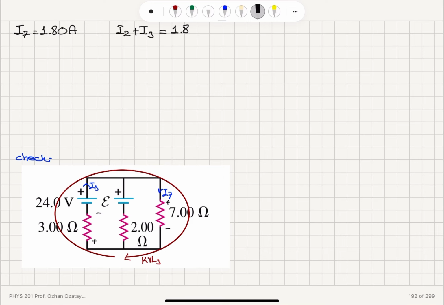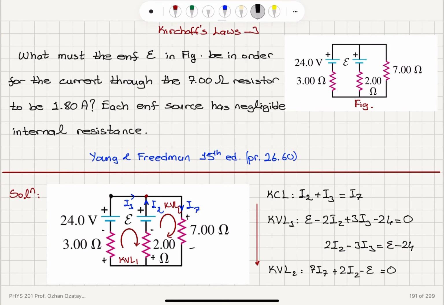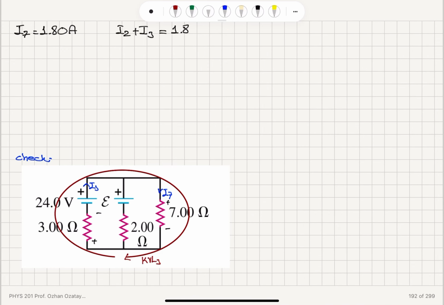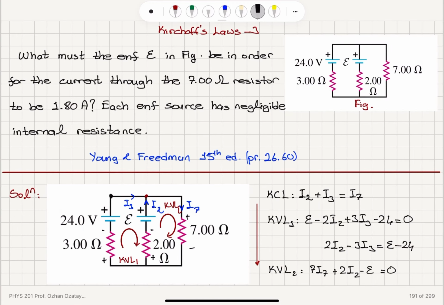Looking at the second equation, 2I2 minus 3I3 is epsilon minus 24. So let's write that here: 2I2 minus 3I3 is equal to epsilon minus 24. And then I have 2I2 minus epsilon plus 7I7 is equal to 0.